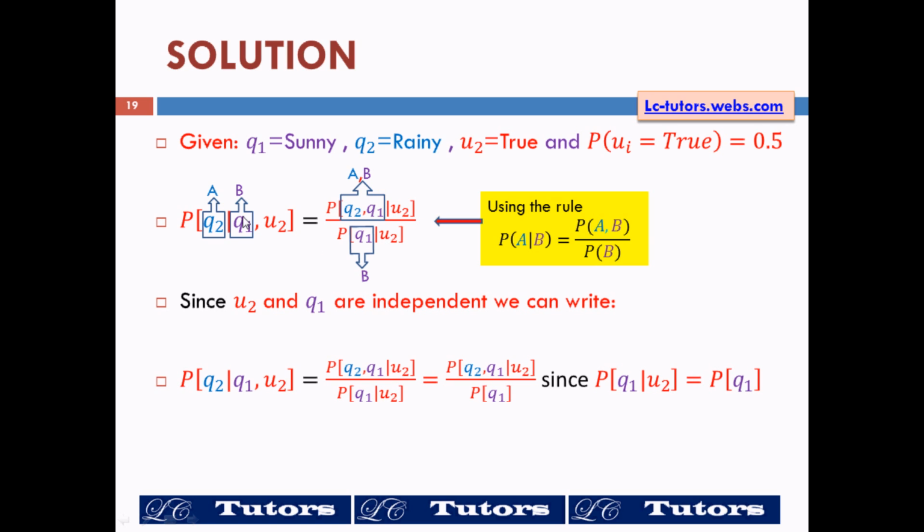Therefore, we can remove this condition. Basically, probability of Q1 given U2 is equal to probability of Q1, because Q1 does not depend on U2. Therefore, the denominator simplifies to P of Q1. The denominator is the same.